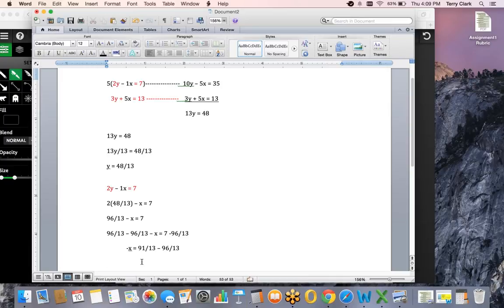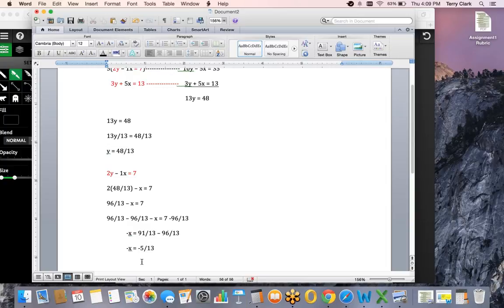And then that's going to give me negative x. And then, of course, 91 minus 96 is going to give me negative 5 over 13. And then my final step is to multiply both sides by negative 1.